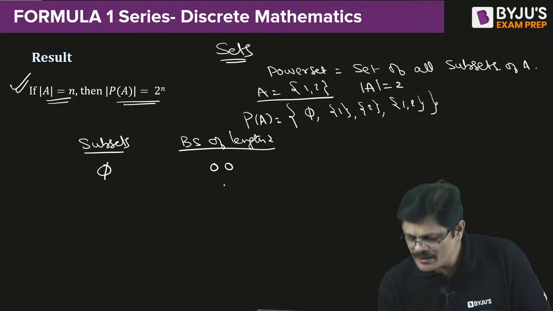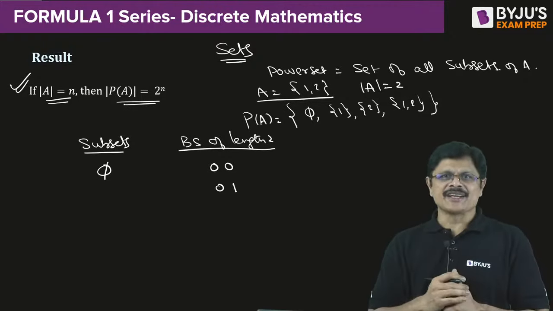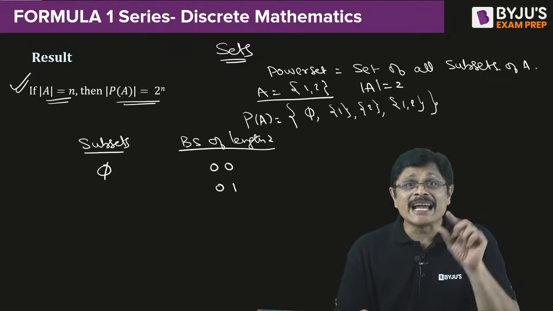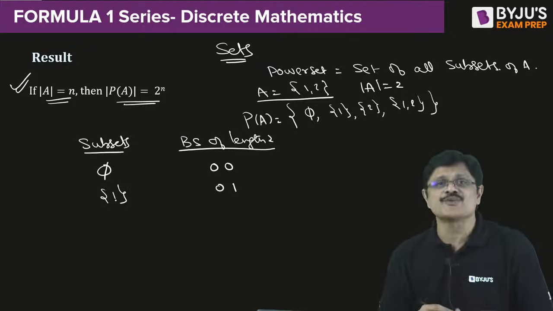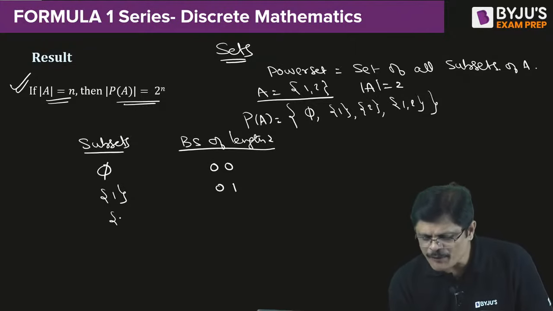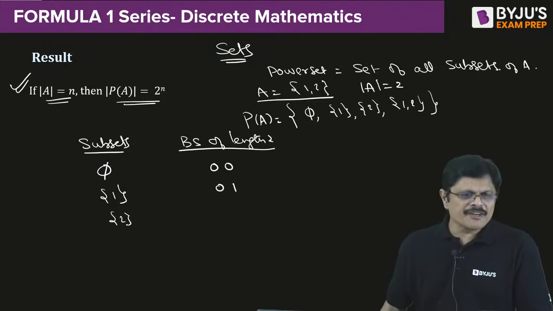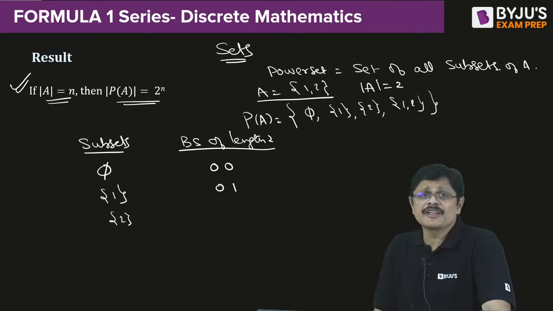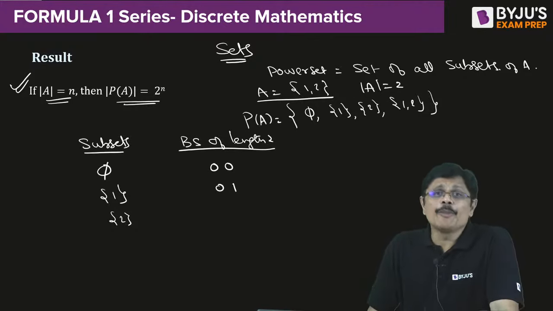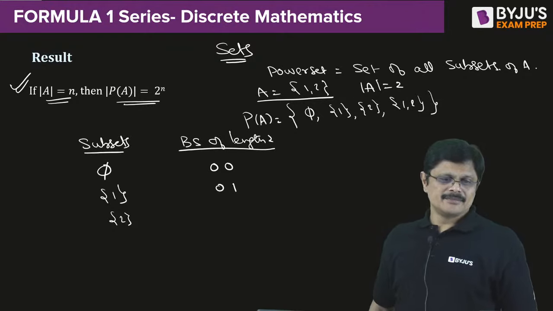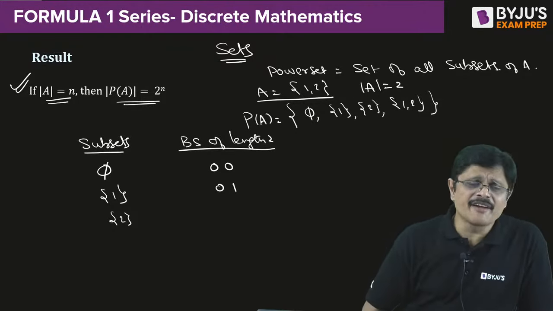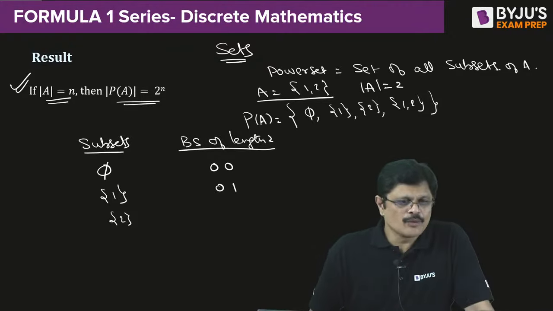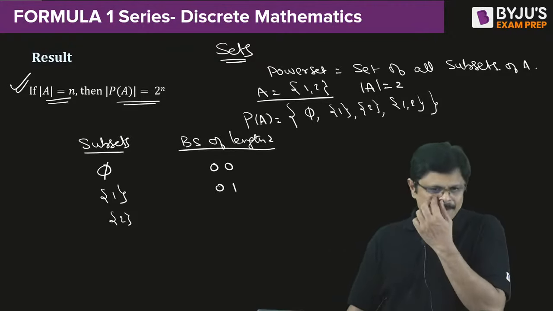Now look here, I take the binary string 0, 1. 0 means the element is absent, 1 means the element is present. So which subset is it? It is {2}. Now look here, I'll give you the subset {1}. Can you give the binary string for this? Please give me the binary string for this. Quick, quick, quick.